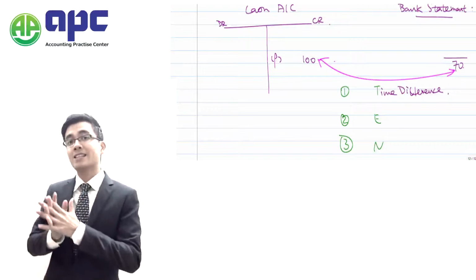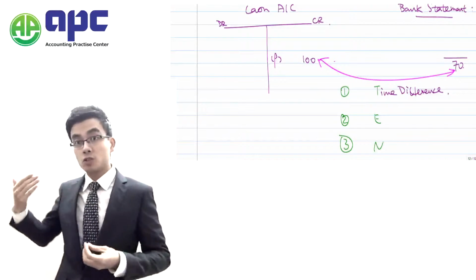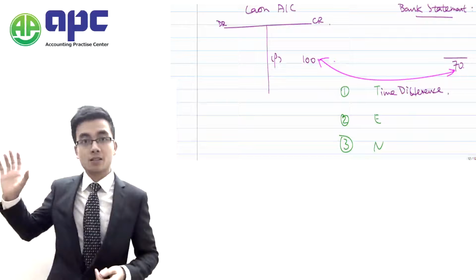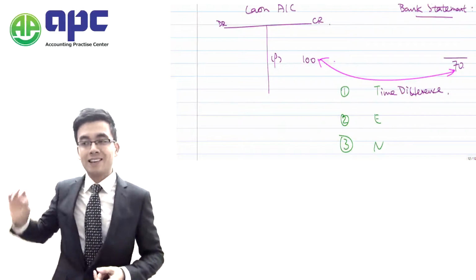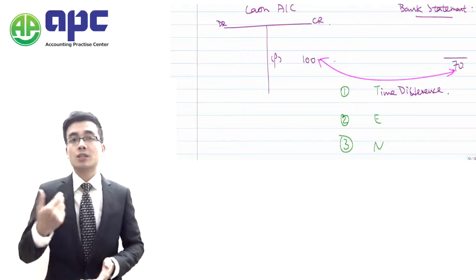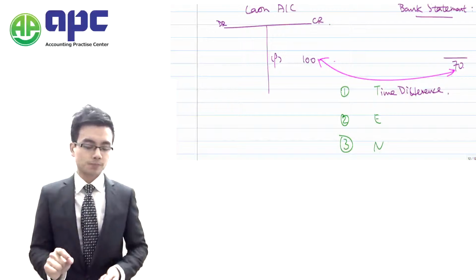So we need to update our bank account numbers. But since we haven't gone to the bank and told the bank what's going on, the bank statement will show a lower figure compared to our cash account because we haven't gone to the bank to receive this money. So this is called the timing difference.